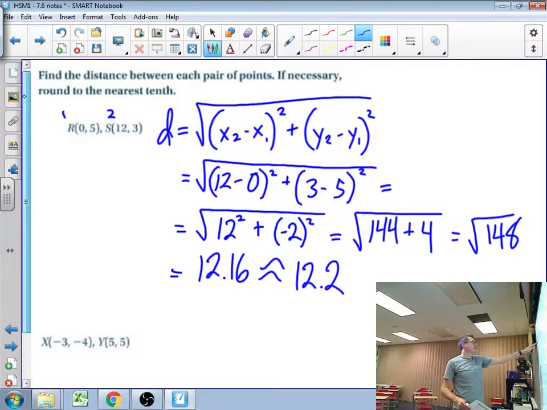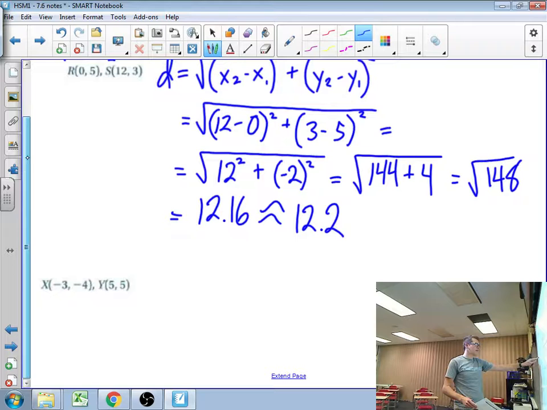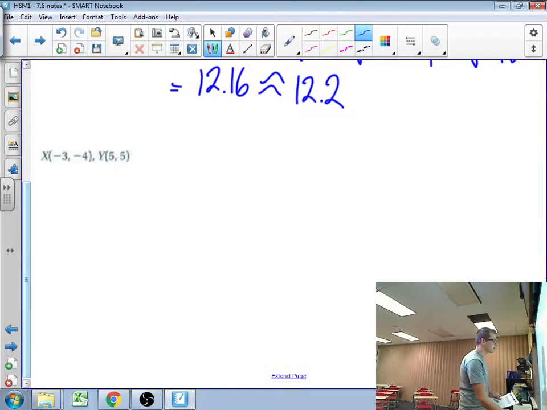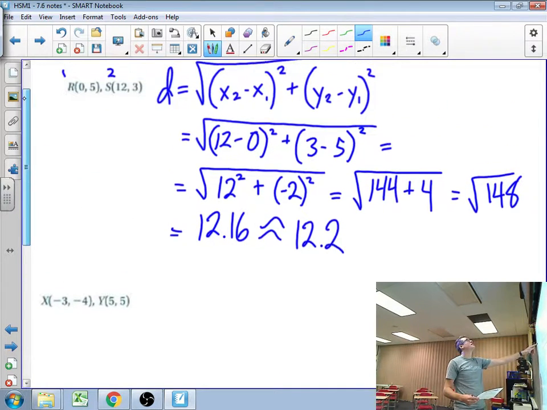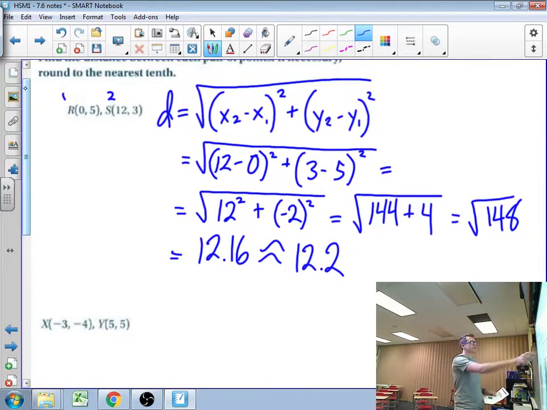Especially if you did not try this on your own yet, on the second one, try that on your own before I dive into the solution. Please make sure you practice on your own. Notice I just found the distance that the x covers, the distance that the y covers, squared both of them, added them together, and then took the square root.